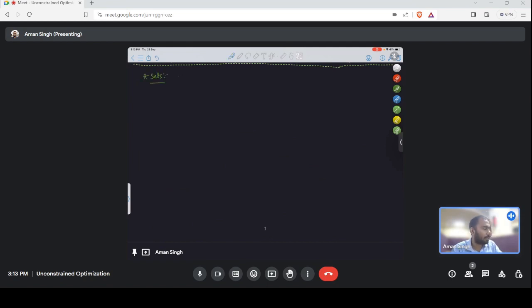First, we'll define what sets are. You already know this. A set is a collection of objects satisfying some property. For example, the set of natural numbers can be called a set.